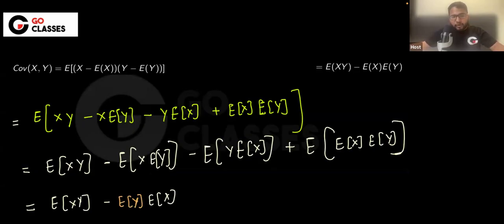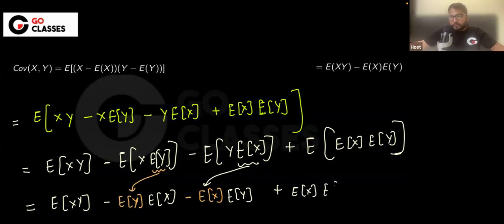How? Because you have taken this constant outside. Minus, similarly, you take this constant outside. This is a constant which you have taken outside, plus this whole thing is a constant. So constant expectation is just a constant, so expectation of x into expectation of y.